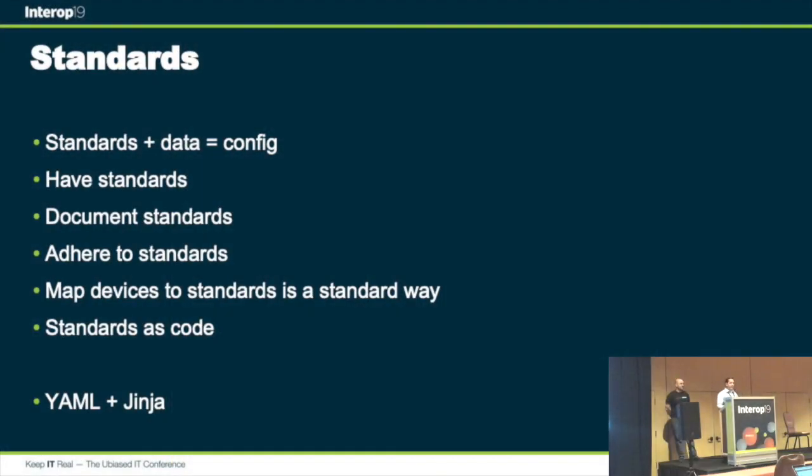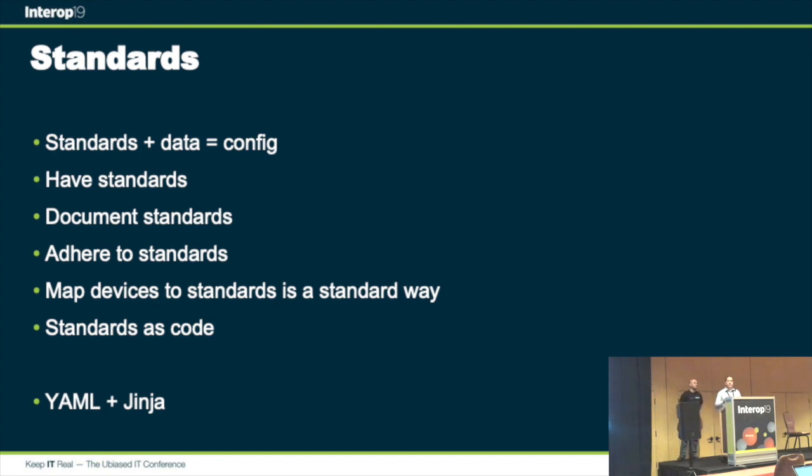The next thing really is your standards. So you've asked what you're automating, you've done some measurements about where you're starting, and you've got good quality data. Now what about your standards? Because when it comes down to it, the configuration that you apply is a combination of your data and your standards. Now, if you want to take this to a really technical discussion really quickly, you can encode your standards in something like a Jinja templating environment.